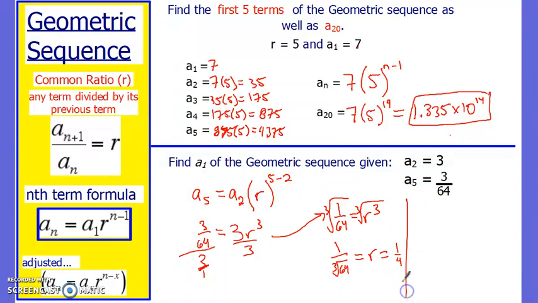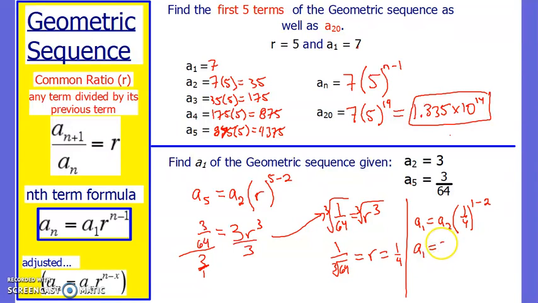To find a sub 1 then, all I need to do is start at any term, so we'll call it a sub 2, multiply by our ratio, 1/4, which explains why things were getting smaller, not larger, raised to where we want to be, 1, minus 2, where we already are. Plug in what we know.